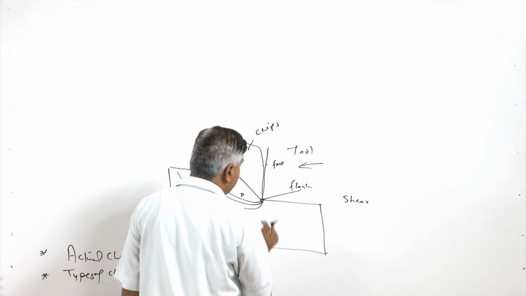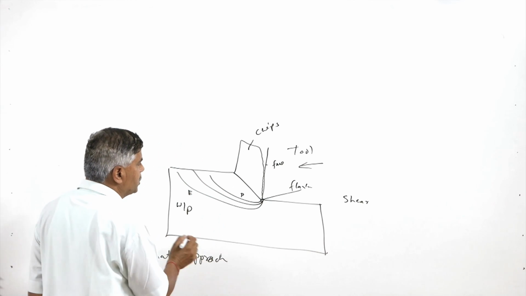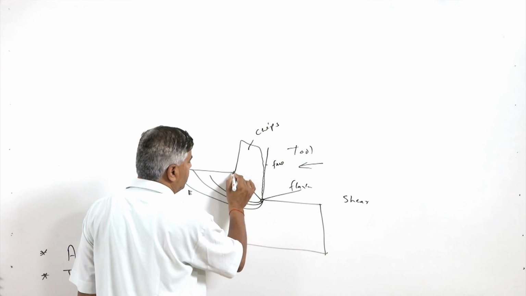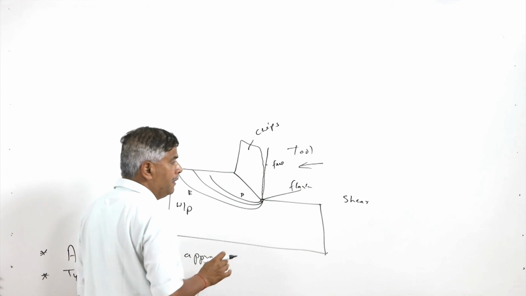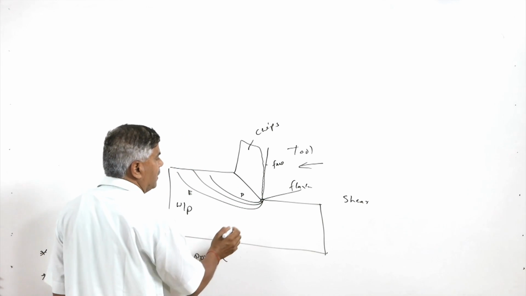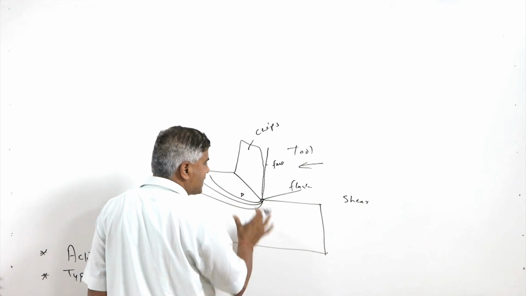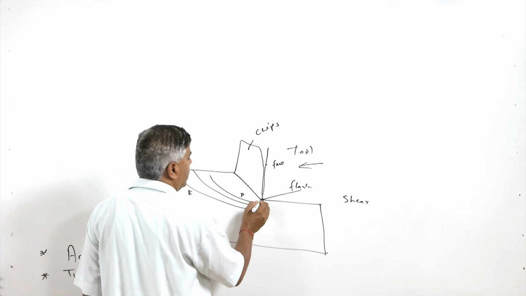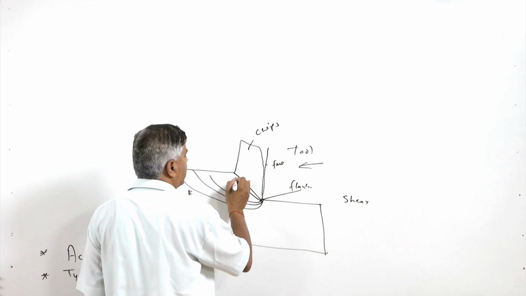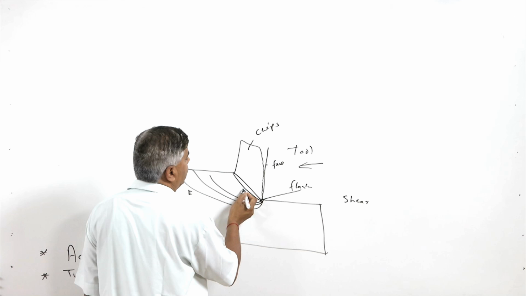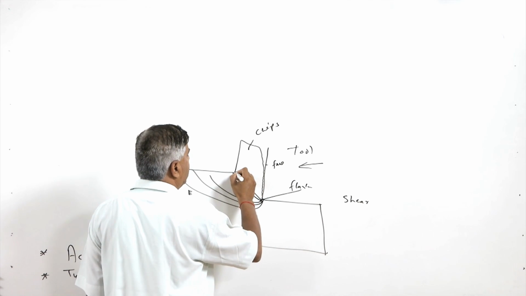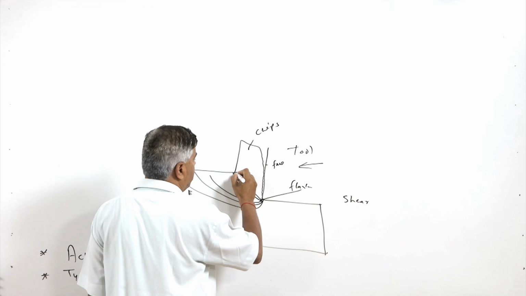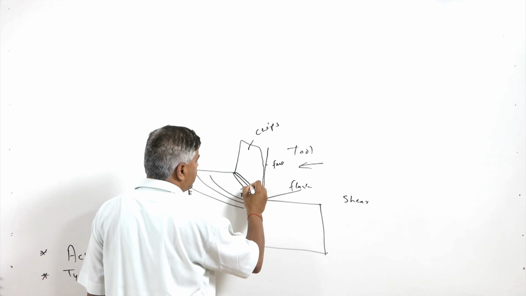So this is the ideal case, but according to this one, the shear deformation will be taking place along this line only. But actually the shear deformation does not occur instantly, it occurs over a zone of a certain size. So maybe the shear deformation starts at this zone and then along this boundary, and it ends here.